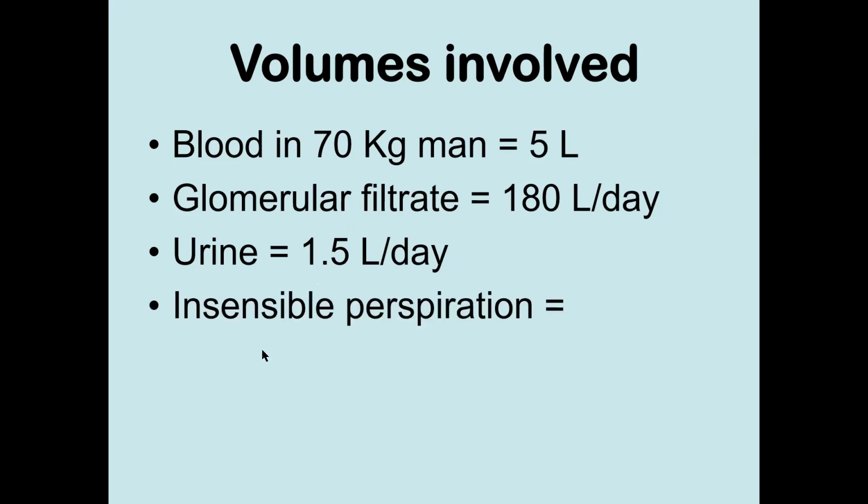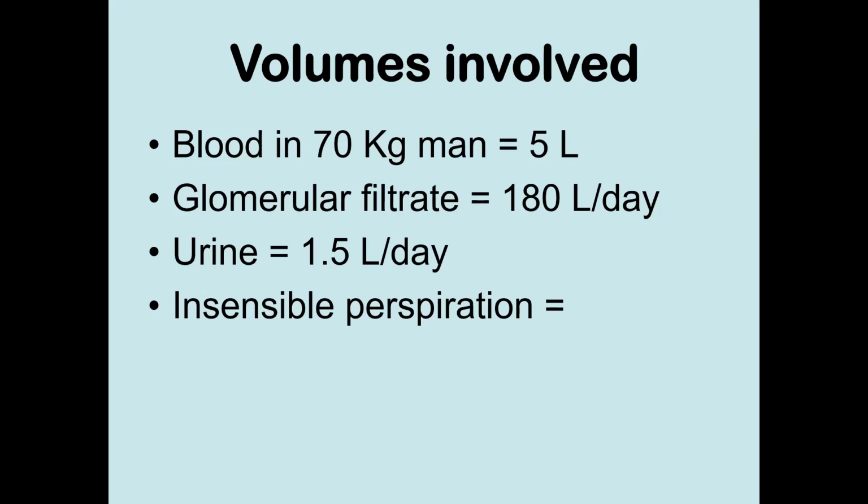We also lose water through insensible perspiration. Now, perspiration is the sweats. When you're working hard or it's a warm room and you start sweating, you take your jumper off or something. Insensible perspiration is water just leaking out, if you like, through the skin.